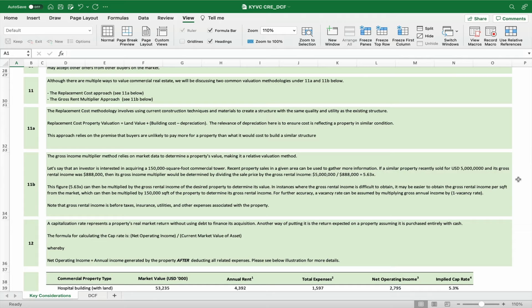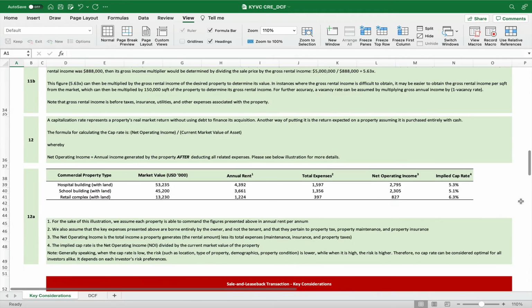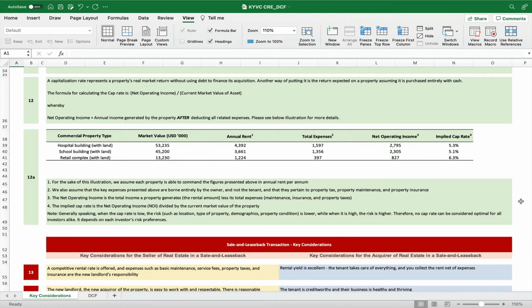Next to discuss is the capitalization rate, or the cap rate. The cap rate represents a property's real market return without using debt to finance its acquisition, and I'll explain that in a minute. It is as if you are assuming that you acquire a tower entirely with cash; what is the net return you will get on your investment?